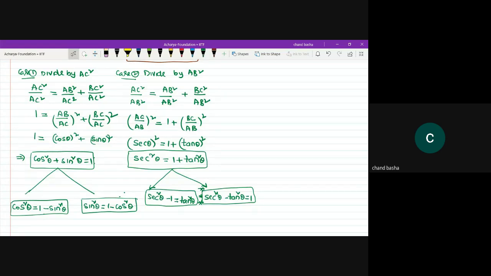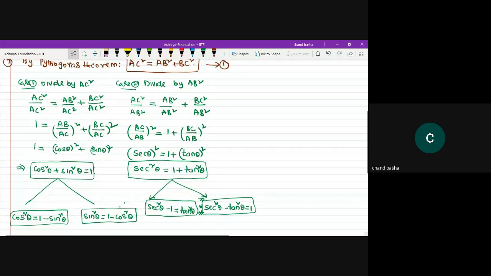Hope you can understand the second one also. And one case is remaining. That is the third case, the last point. Case number 3. What is that? Divide by BC square.